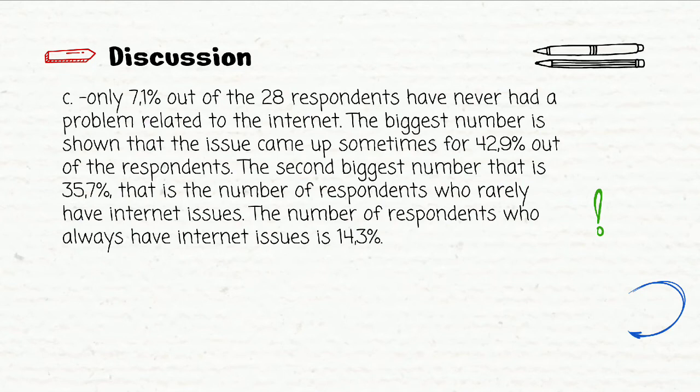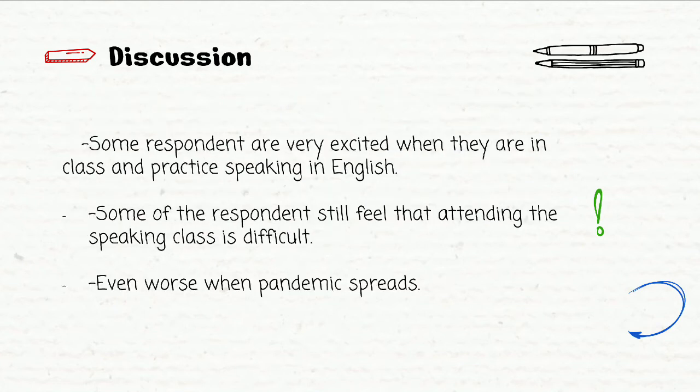The number of respondents who always have internet issues is 14.3%. And the next point is that some respondents are very excited when they are in class and practice speaking English. Some of the respondents still feel that attending speaking class is difficult, and even worse when the pandemic spreads.